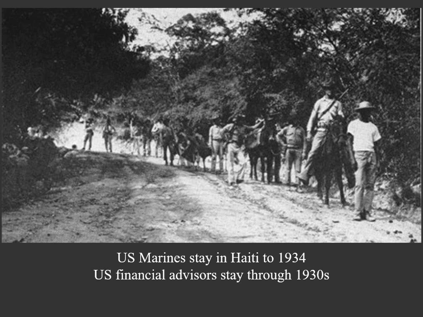And U.S. control over Haiti's finances, even after a bunch of those financial advisors leave, will continue until at least 1947, when the last of the U.S. bankers are basically paid off.